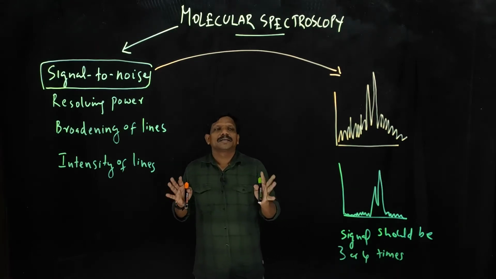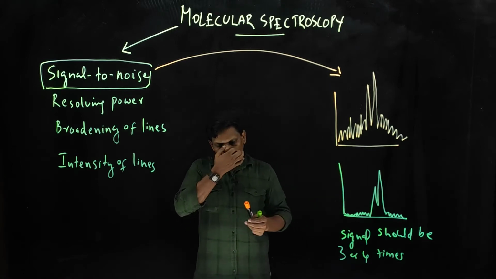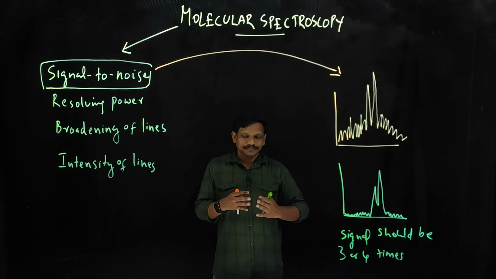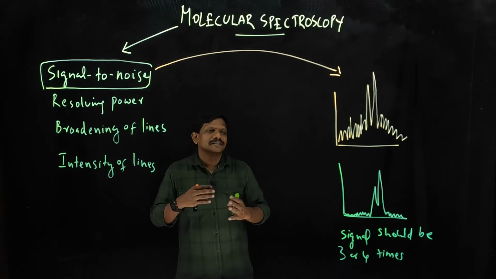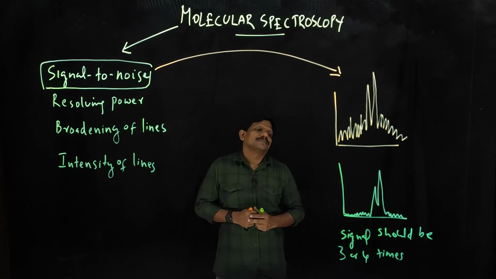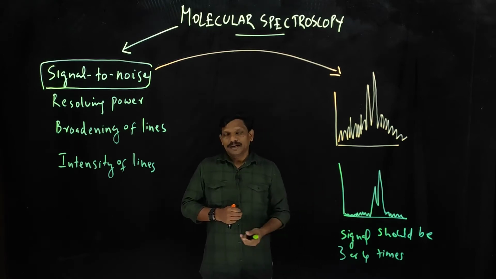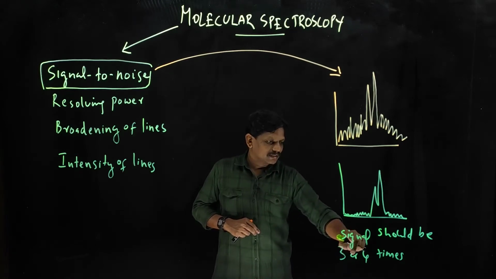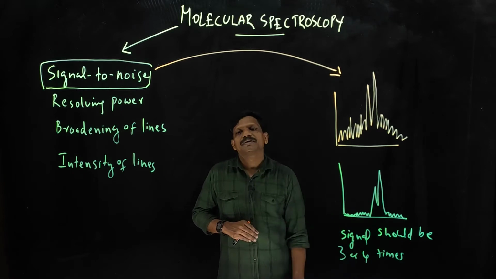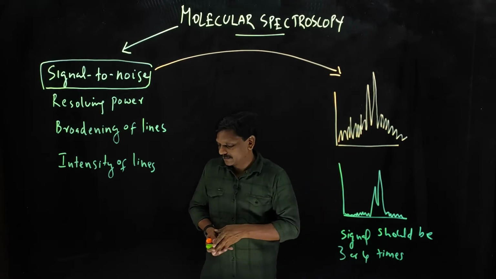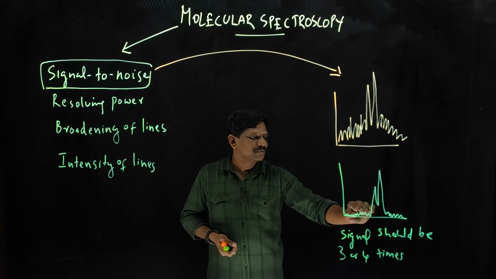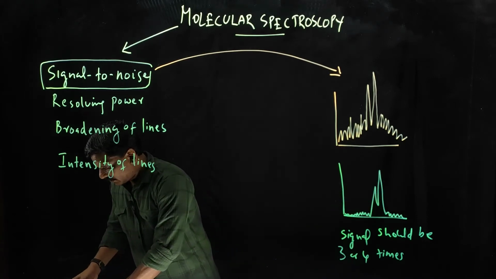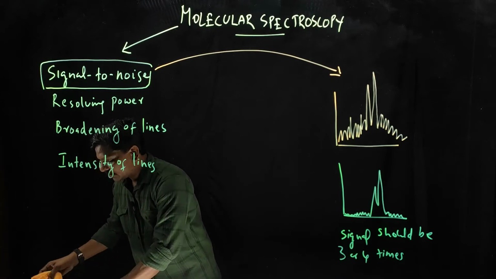That is a good spectrum. You can avoid this noise by adjusting the slit and other things, so spurious signals can be avoided like that. A good spectrum means the signal is 3 or 4 times more intense than the noise. Here the signal intensity is very high, and the noise intensity is very low. That's about the signal-to-noise ratio.